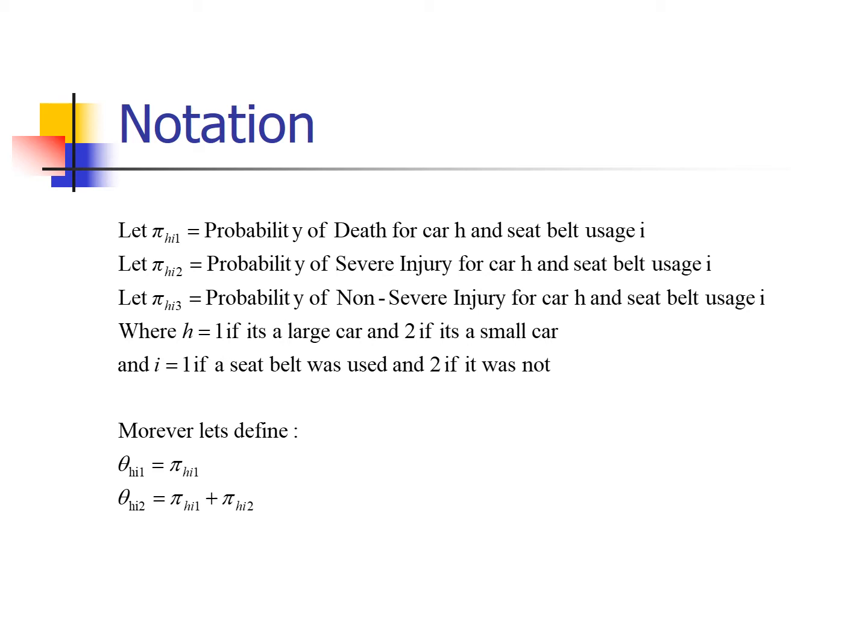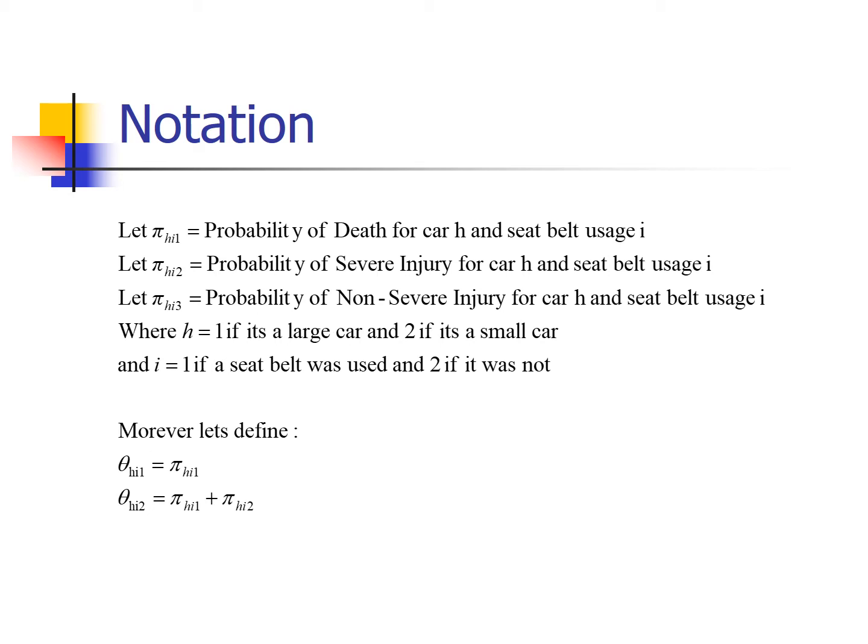Now, let's define these cumulative probabilities, which is why it's sometimes called cumulative logit modeling. We don't deal with the probabilities, we deal with the cumulative probabilities. So instead of the actual probabilities pi, we're going to work with these cumulative probabilities theta.